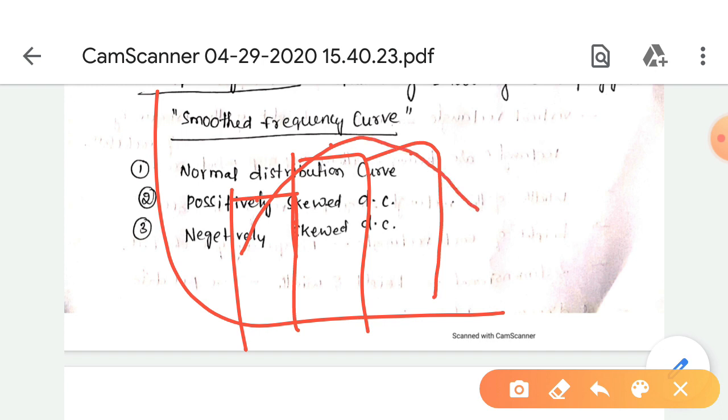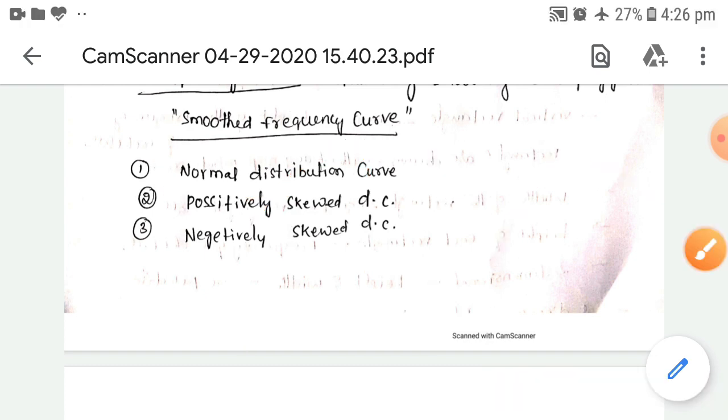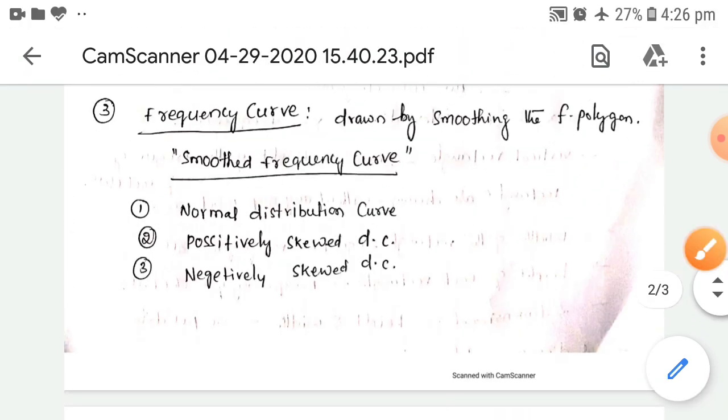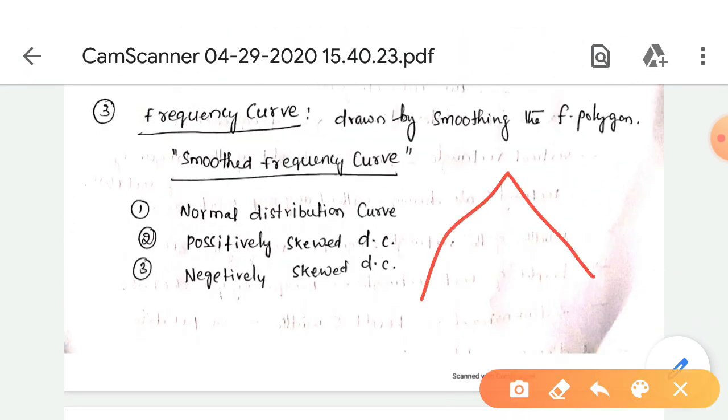So the main difference between the frequency polygon and the frequency curve is, in the frequency polygon it is joined with straight lines only, and in the frequency curve it is joined by a smooth curve. This is the main difference between these two.